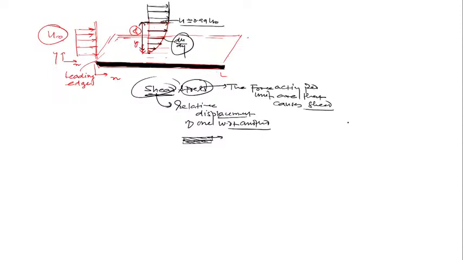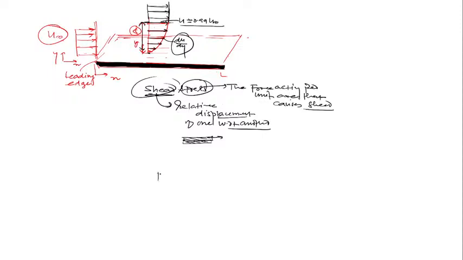Is this clear? The force acting per unit area is called stress. Clear? So what is shear stress? The force acting per unit area which causes the shear in the fluid, shear in the object, is called shear stress.